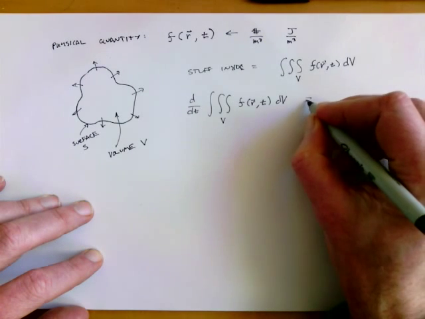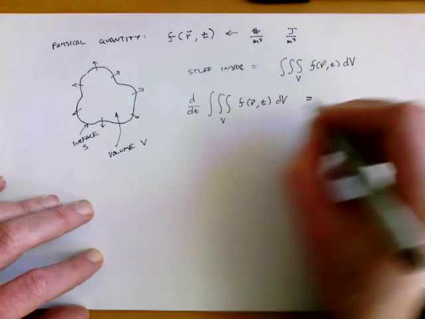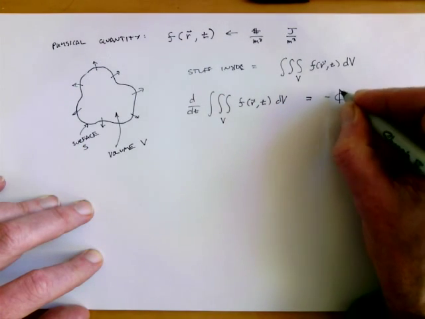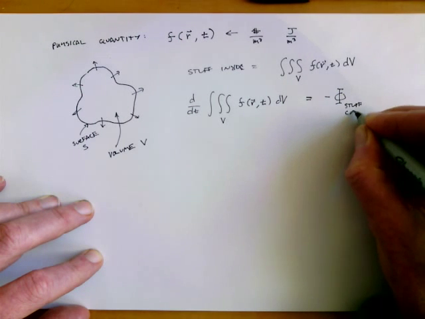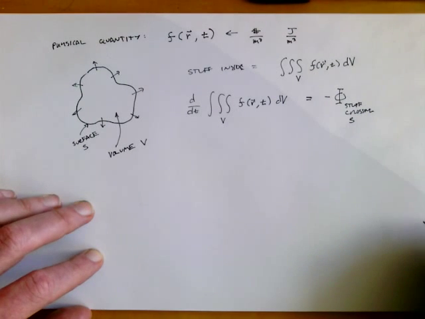So one possible process is stuff leaving, and since flux is defined positively when it's flowing out, I would say that's minus the flux of stuff crossing the boundary S, right?